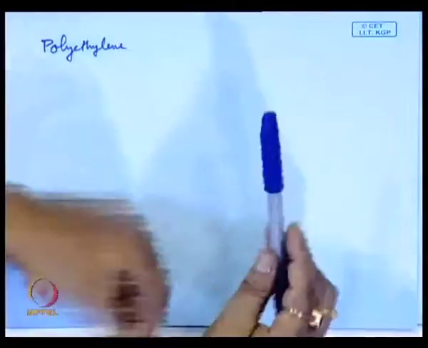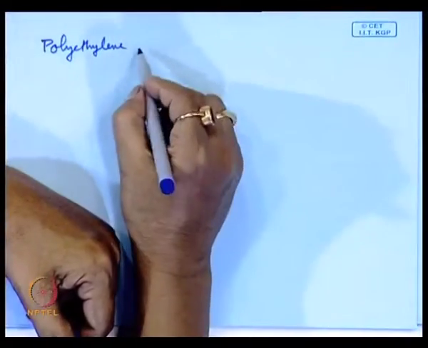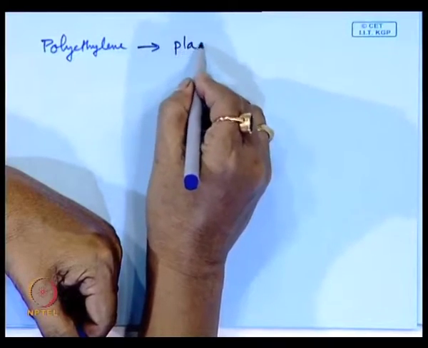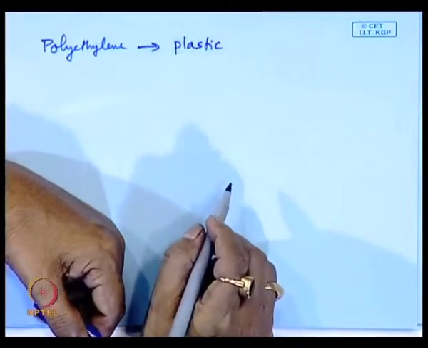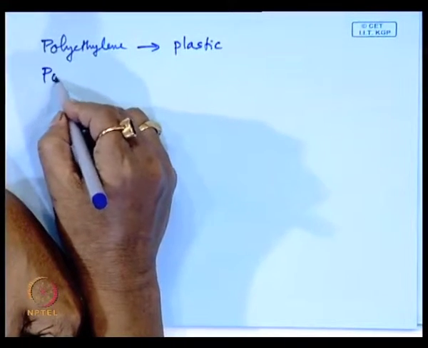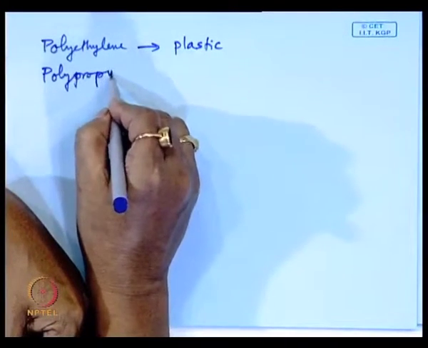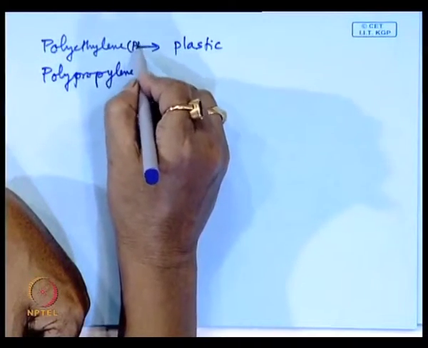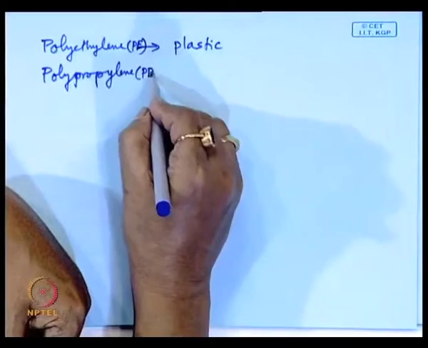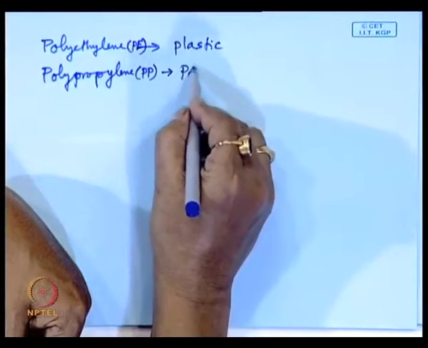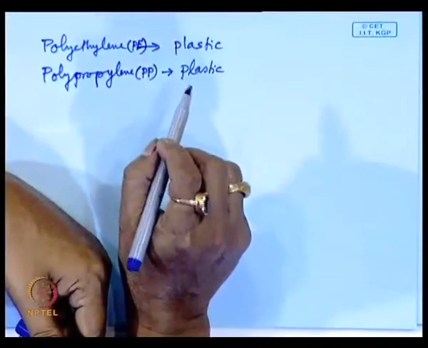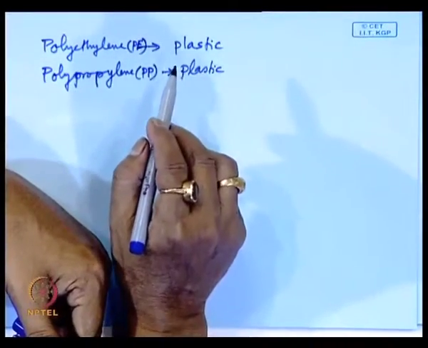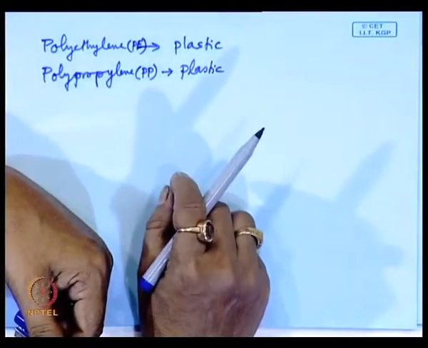Now, since I have told you this example of polyethylene, now polyethylene is termed as a plastic material. Polypropylene, this is also a plastic material. Suppose you have these two polymers, polyethylene and polypropylene, you need a rubber. Plastic is not like that of rubber, that is a different kind of material having different set of properties. If you want to make a rubber, what you have to do?